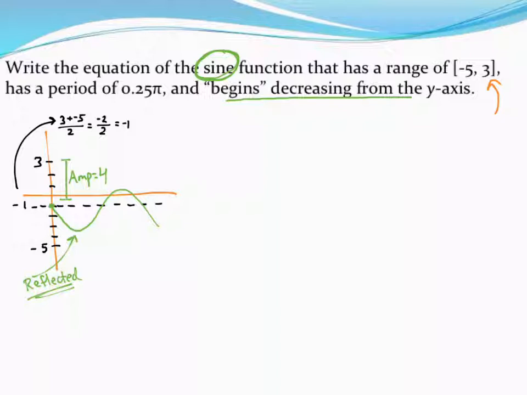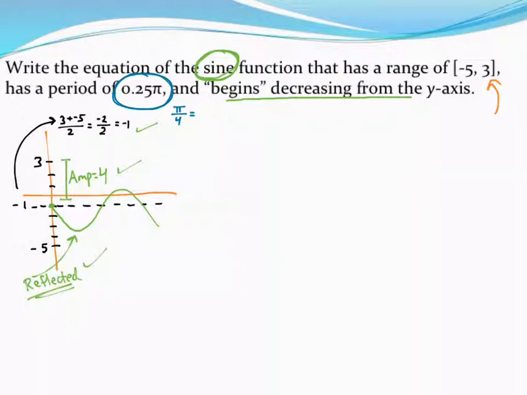So we know it's a sine, we know the amplitude, we know the midline, and we know it's been reflected. There's one more piece of information I need to write my equation, and that's the b value. The b value is associated with the period, but it's not the period itself. So let's find out what the b value is. I'm going to write 0.25 pi as just pi over 4. It's the same thing.